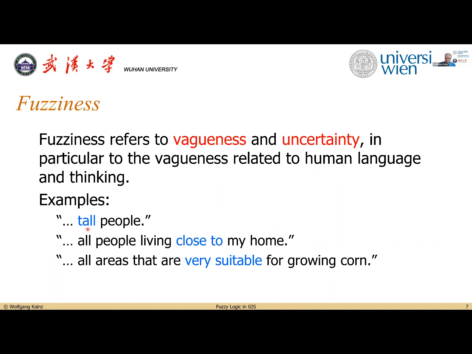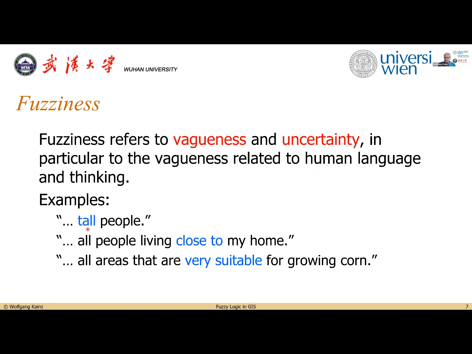I should say that the concept of fuzzy sets was developed in the 1960s out of the concept of fuzzy logic. So the foundation is fuzzy logic. Fuzzy logic means when we look at, let's say, the standard logic in mathematics or in logic theory, we have statements and we have truth values, and that can be true or false.